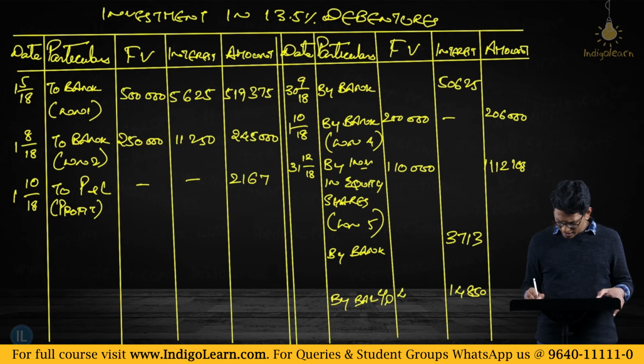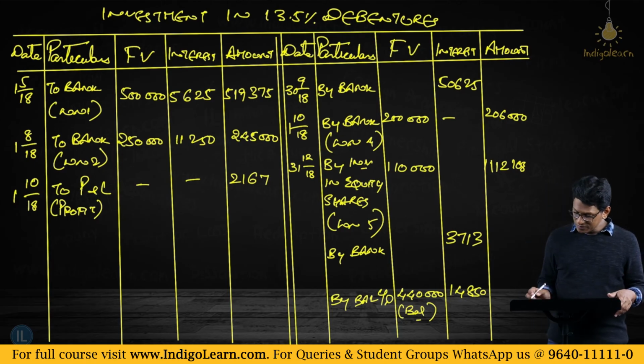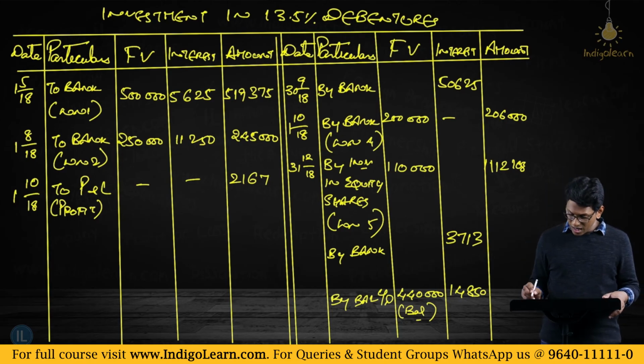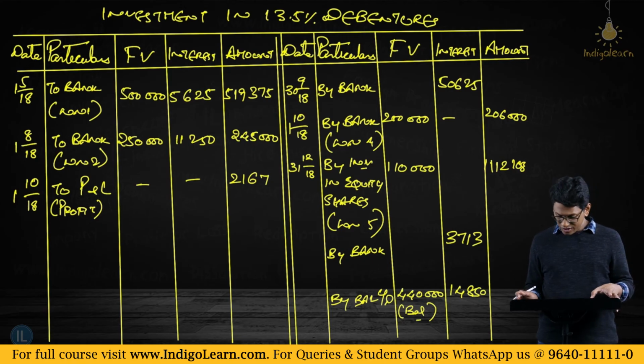This will be 4,40,000, the balancing figure. Is 14,850 also a balancing figure? No, 14,850 is not the balancing figure. It is coming from our working note. Then the amount column will have a balancing figure. Our interest column also will have a balancing figure. Let us arrive at the interest balancing figure.